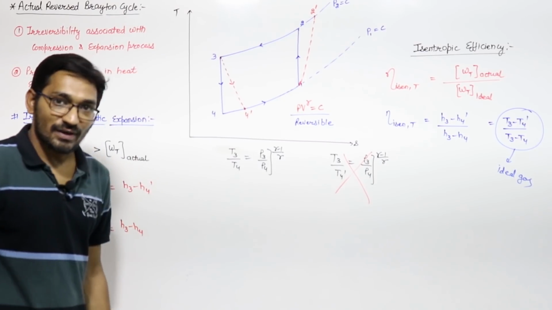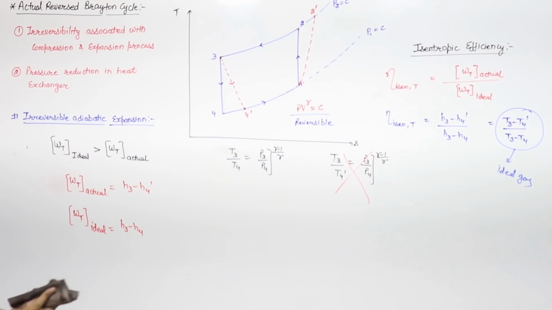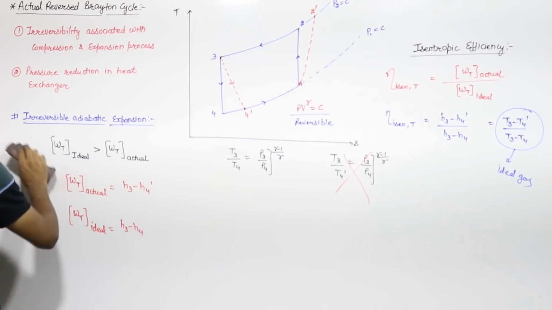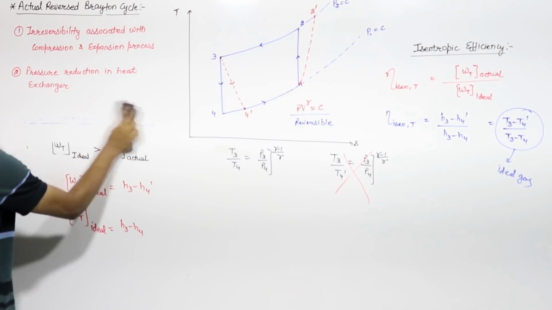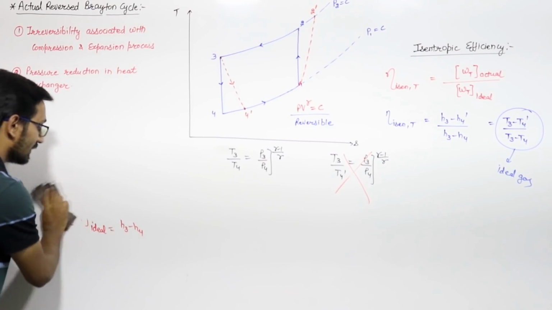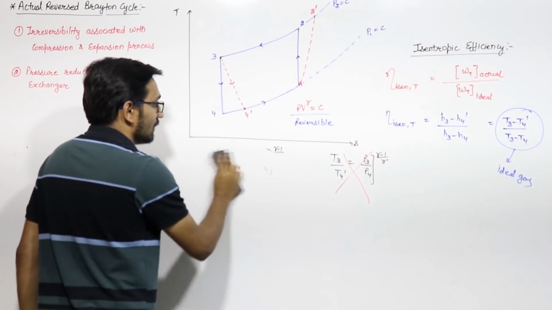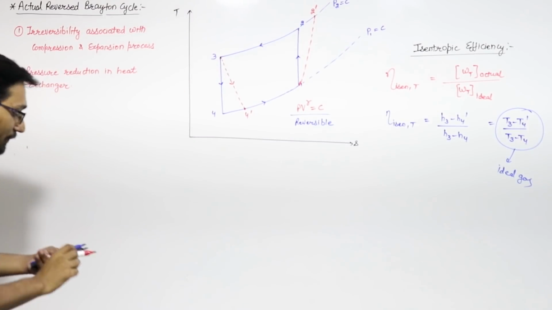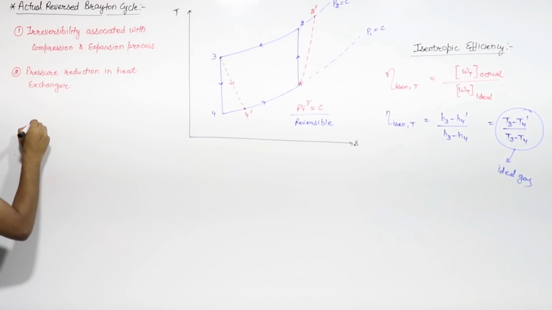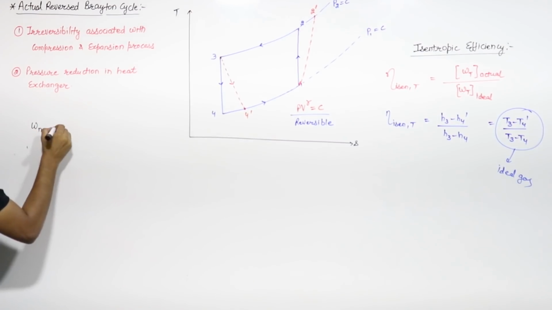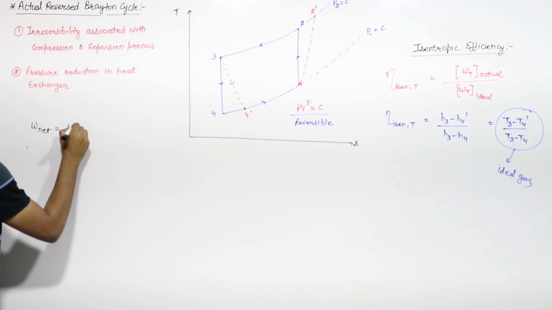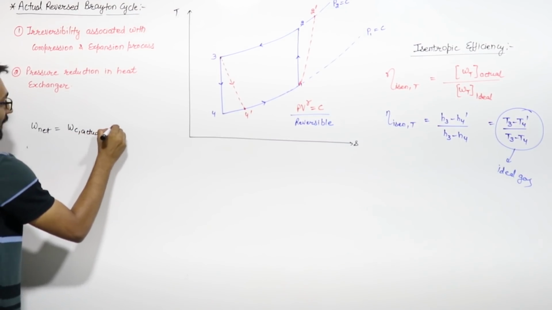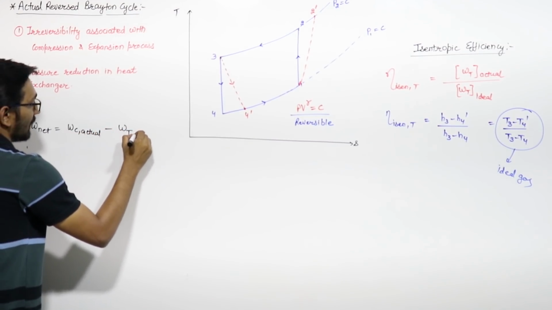That is the effect of irreversibility in the compressor and in the expansion process, right? Now because of this irreversibility, what is the effect on COP and other things? We can say that the net work will be equal to work required by the compressor in the actual cycle minus work done by the turbine actually.